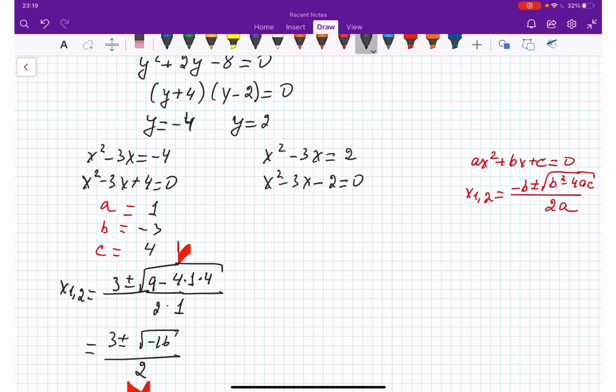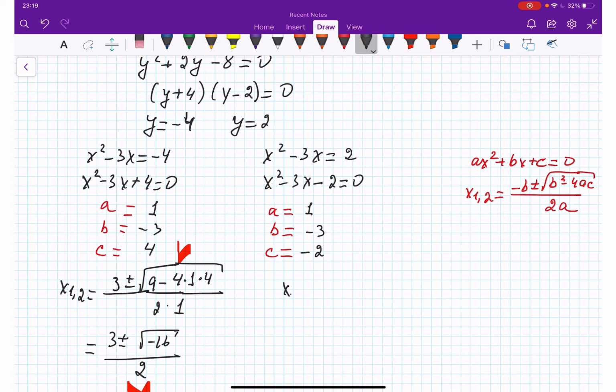Let me rewrite again. A, B, and C. A is equal 1, B is equal negative 3, C is equal negative 2.